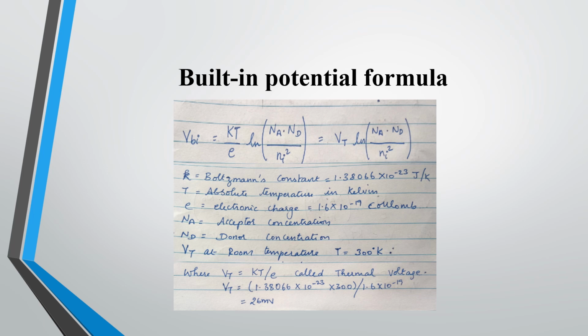Na is the acceptor atom concentration, which is present in the p-type material, and Nd is the donor concentration, which will be present in the n-type material. Here this KT by E, as you can see in the picture, can be represented as Vt, where Vt is the thermal voltage at room temperature, 300 degree Kelvin.